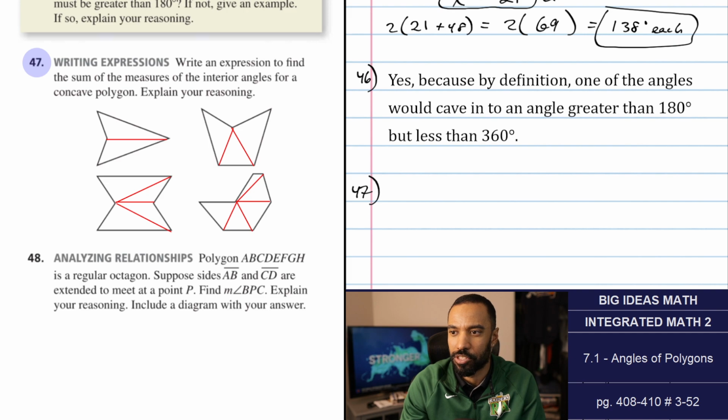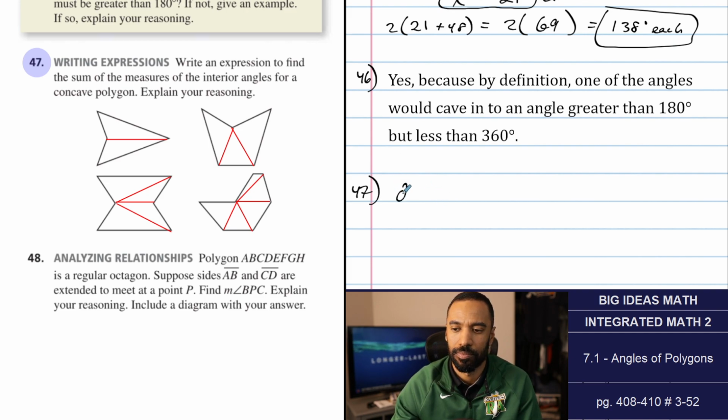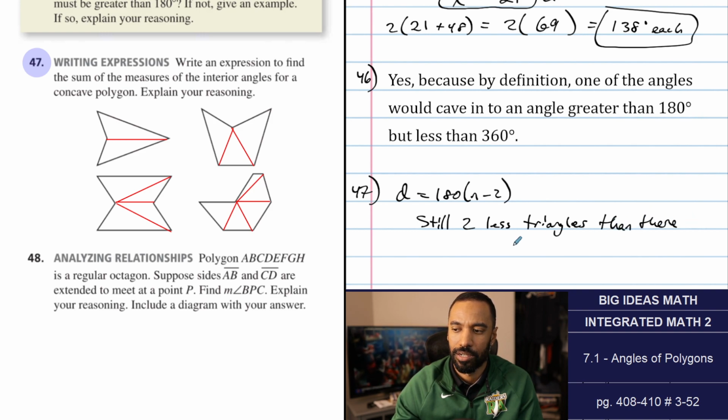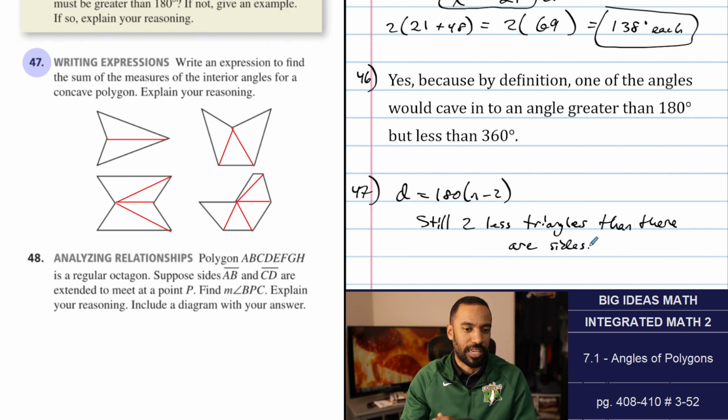Write an expression to find the sum. It's still 180 times n minus 2. Still 2 less triangles than there are sides. Just because something is a concave polygon doesn't mean that it doesn't still have the same number of non-consecutive vertices.